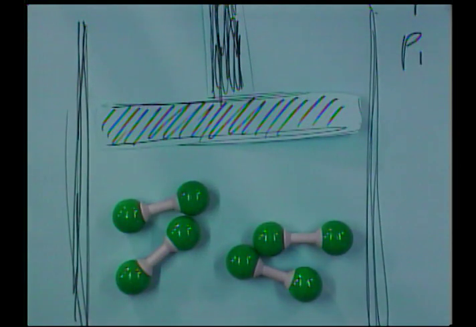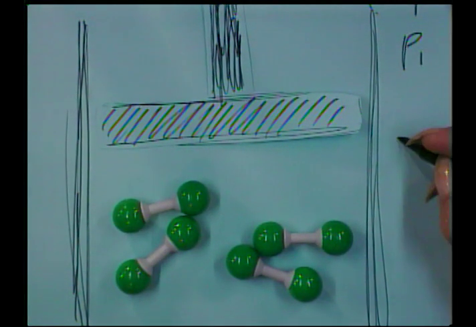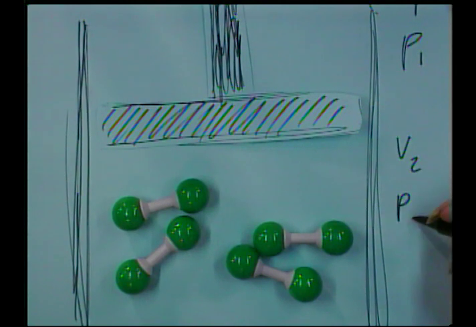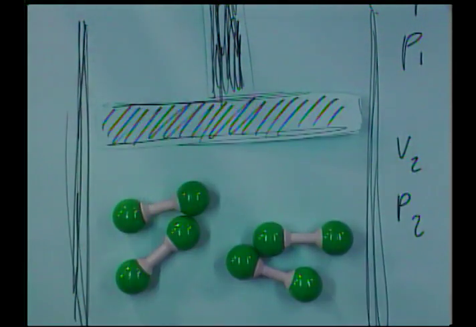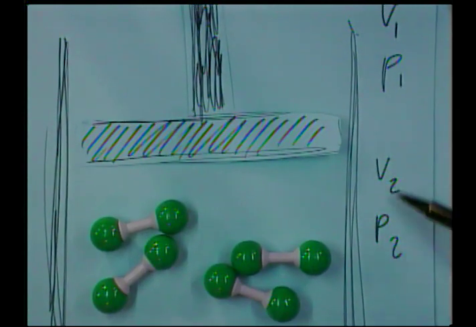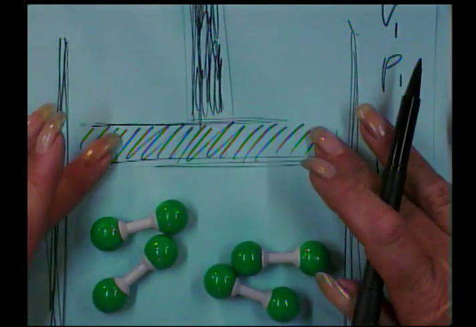But also the volume decreased, right? So we have volume 2 now and P2. Pressure is higher, but volume is smaller. If you multiply these two values, we'll get the same numerical value as we did for the earlier combination. And that's the interesting thing.